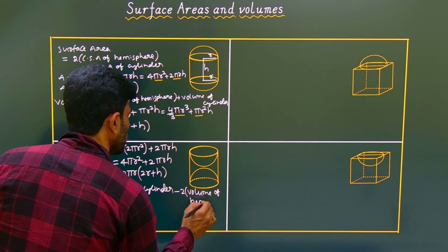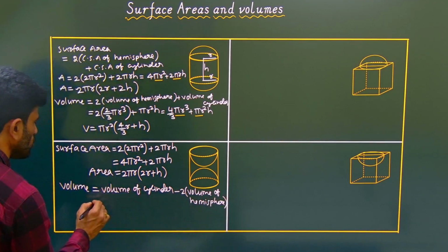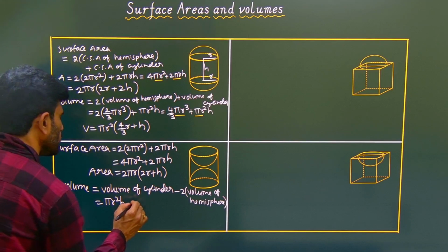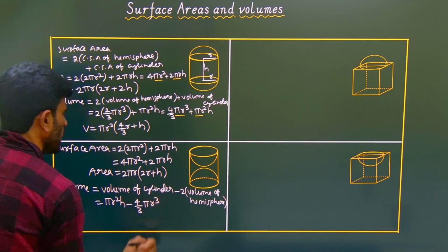So it is going to be pi r square h minus 4 by 3 pi r cube, because finally it is going to be a sphere.